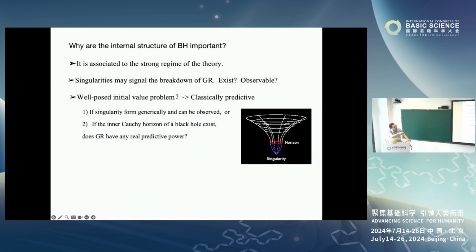But if the singularity can form and can be observed, how do we predict near the singularity? And besides the singularity, if there is an inner Cauchy horizon inside the black hole, we can lose the prediction outside the Cauchy horizon. In that sense, general relativity doesn't have real predictive power.